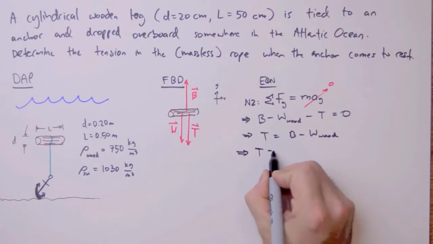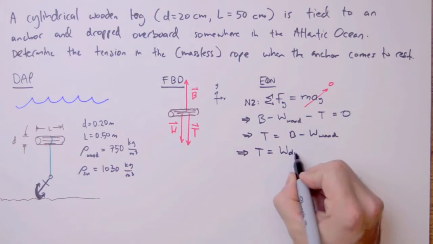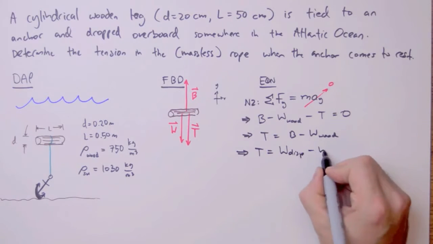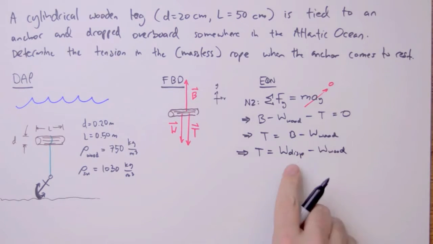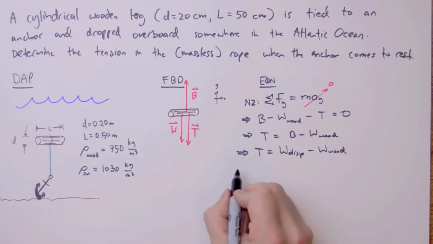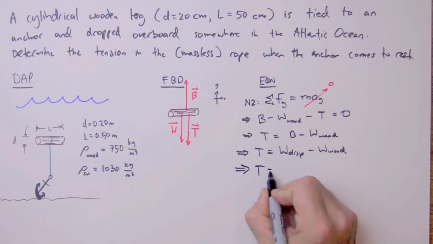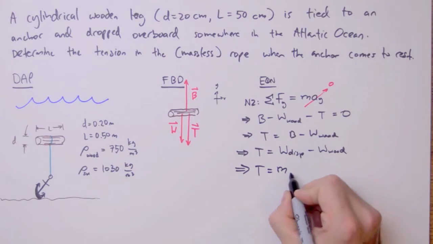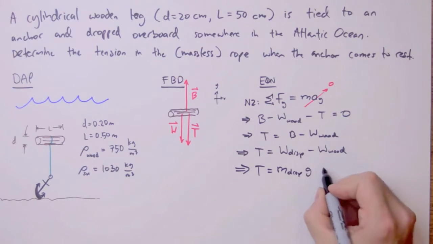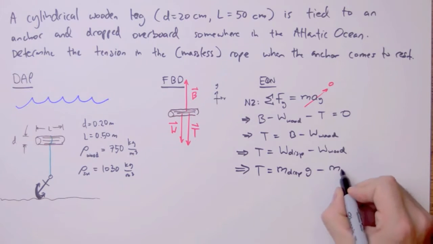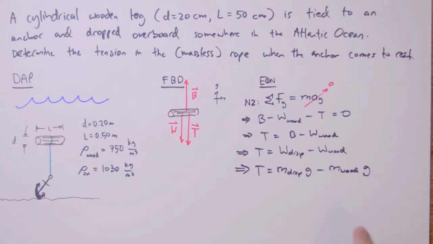So I'm going to substitute that for buoyant force. And now I need an expression for both of those weights. Tension is equal to the mass of the displaced fluid times the acceleration due to gravity, minus the mass of the wood times the acceleration due to gravity.